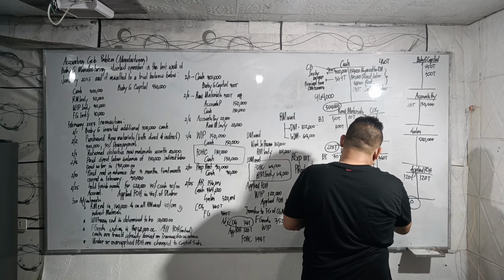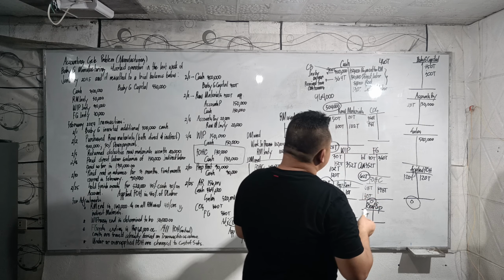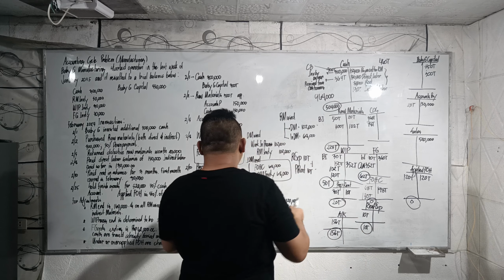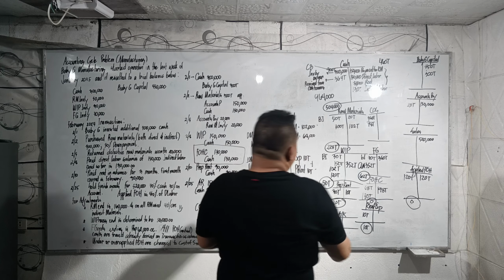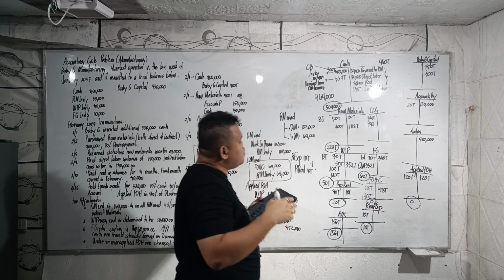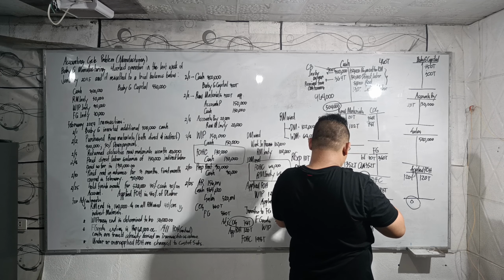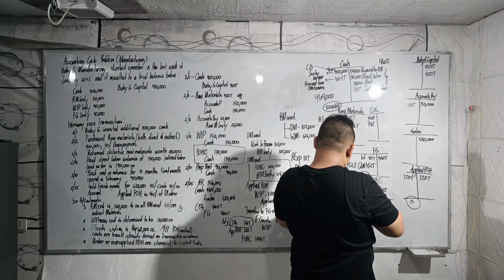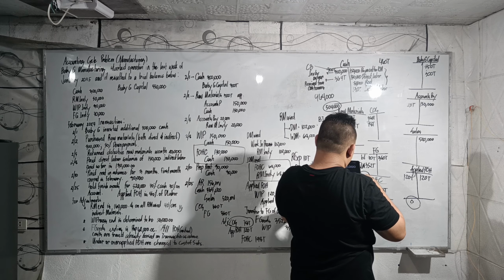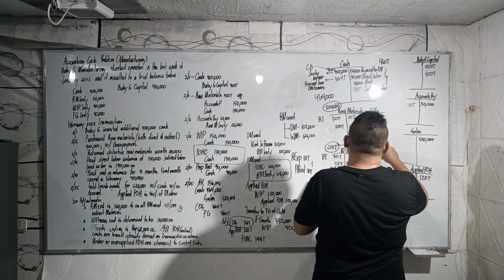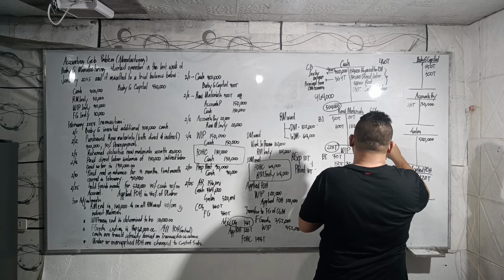But then again, that 360,000 is the cost of sales before you made the adjustment for underapplied factory overhead. So we have 62 and then 360,000 plus 78,000, we have 438,000.